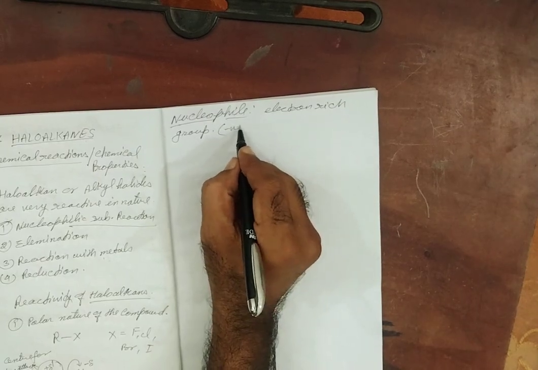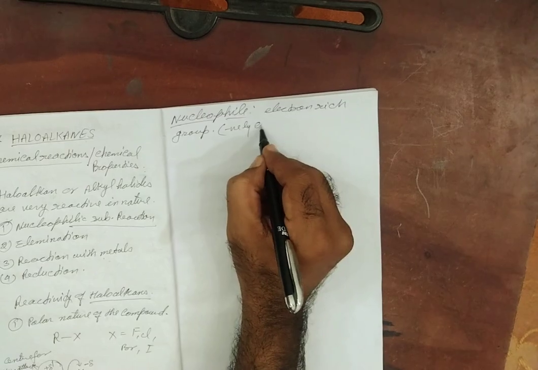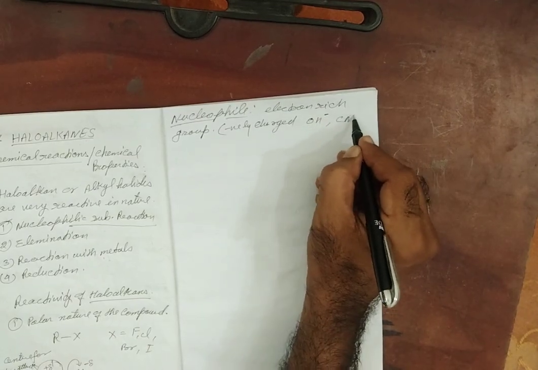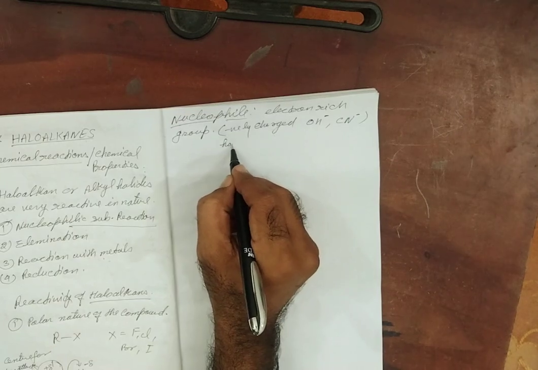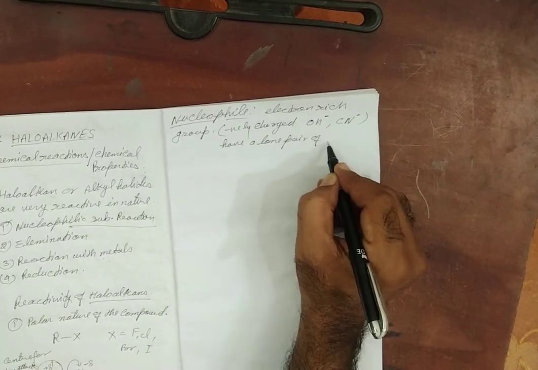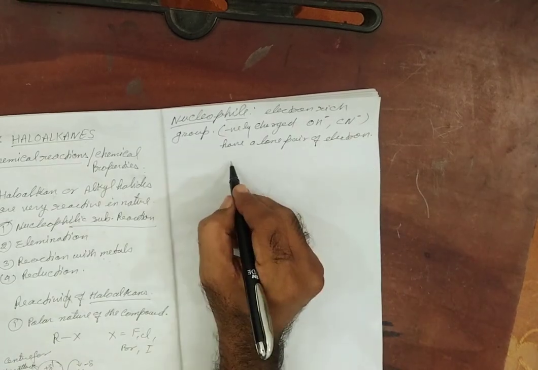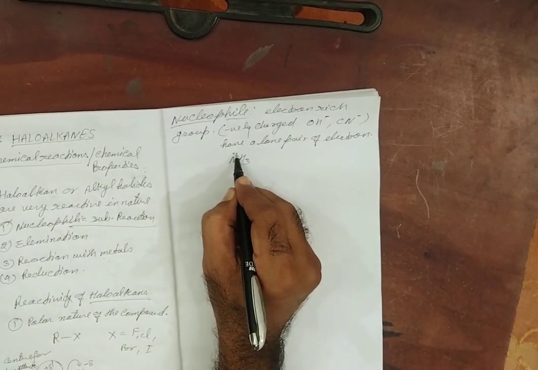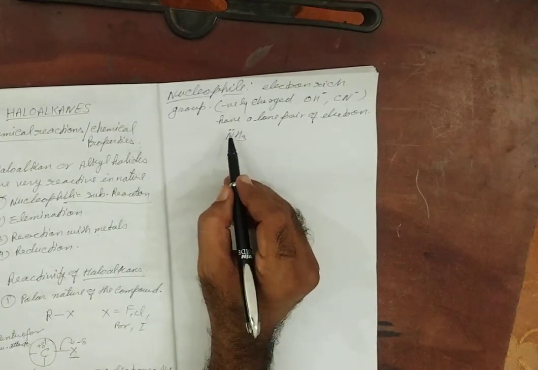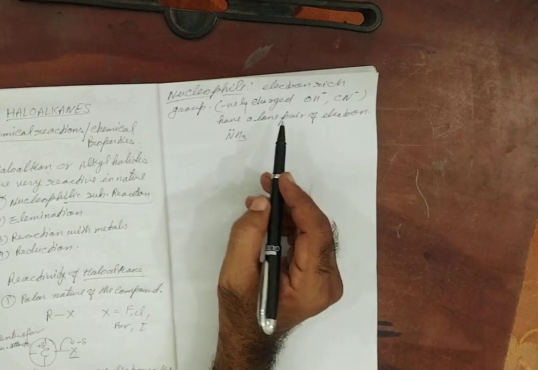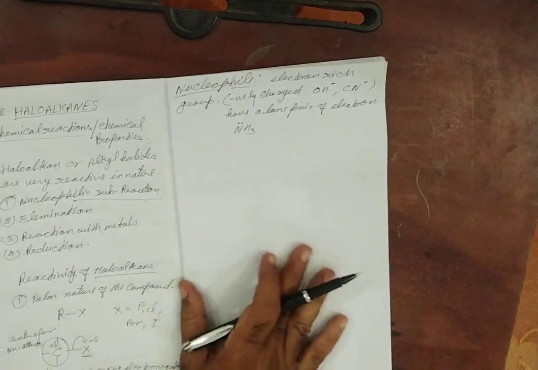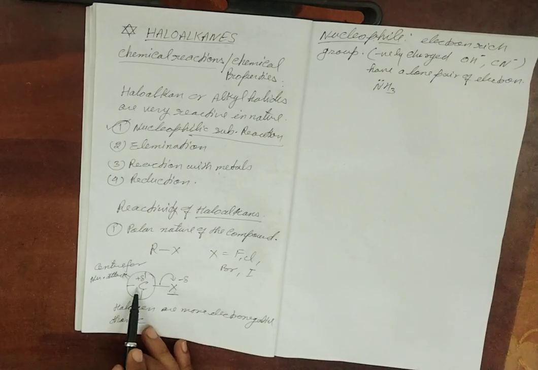Either it may be negatively charged like OH minus or CN minus, or have at least a lone pair of electrons like NH3, in which there is a lone pair of electrons at nitrogen. So such species which are rich in electrons are called nucleophiles, and since these species are rich in electrons or negatively charged, they are always in search of some positively charged site like this to attack or to bond with.